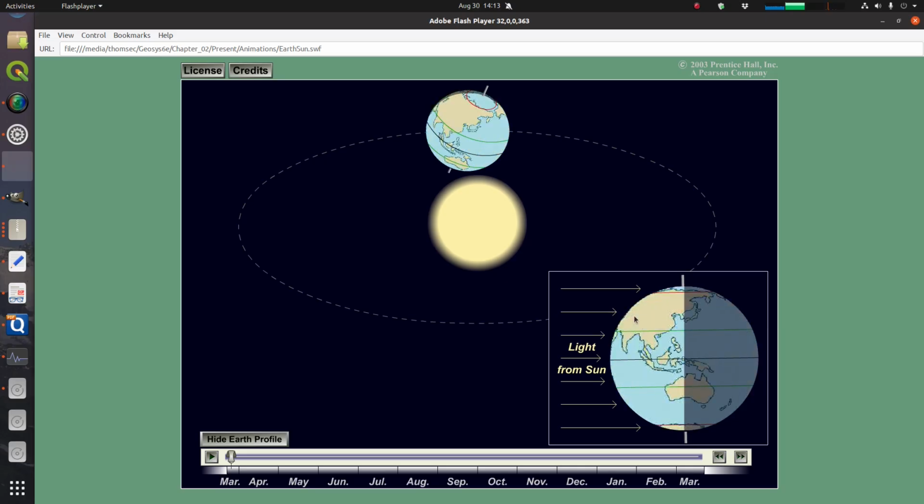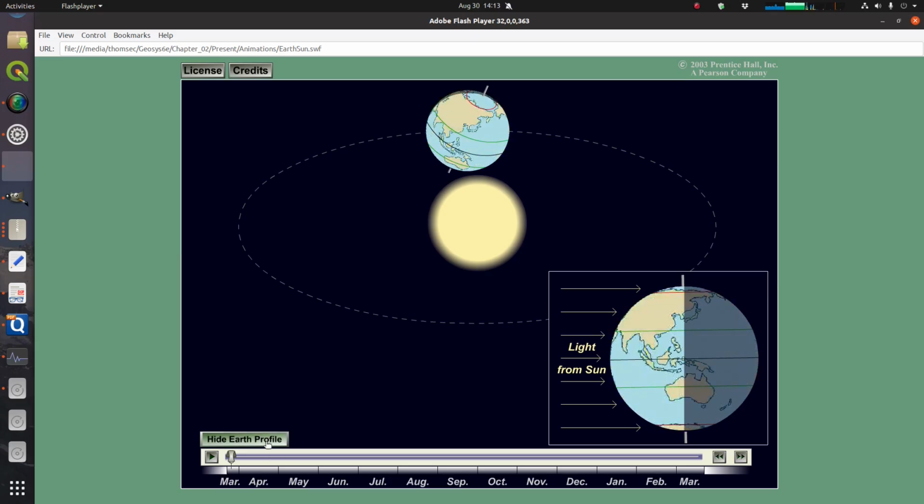If you're 45 degrees away from the subsolar point, the angle of the sun hitting the surface is going to be a 45-degree angle. And finally, at the poles, the beams from the sun are actually parallel to the ground, so they're just grazing. That's because of sphericity. Because of Earth's spherical shape, different locations get different sun angles on the same day.